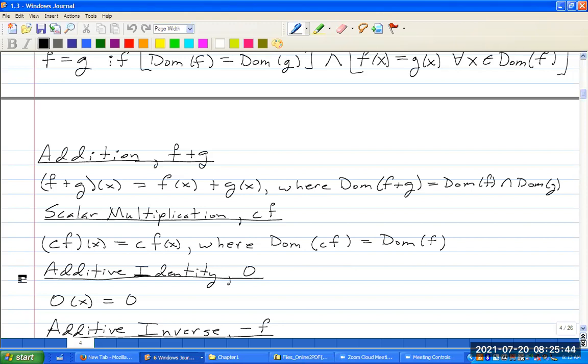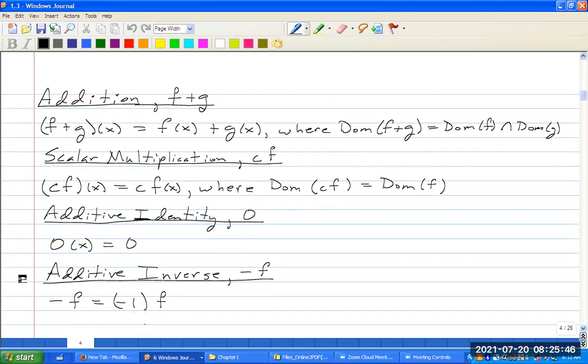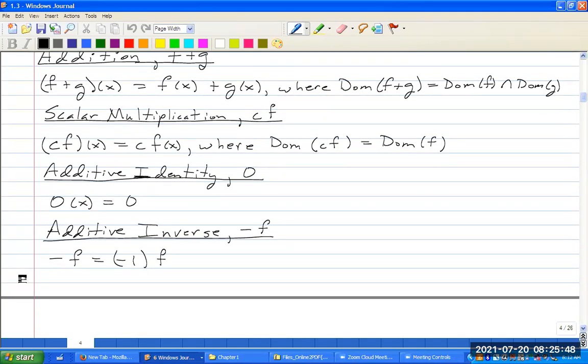Let me define the additive identity. And so the additive identity, the 0 function. So usually our notation is just 0. It looks like 0. But really, we mean that it's a function. It is a function such that at every point, it's just equal to 0.